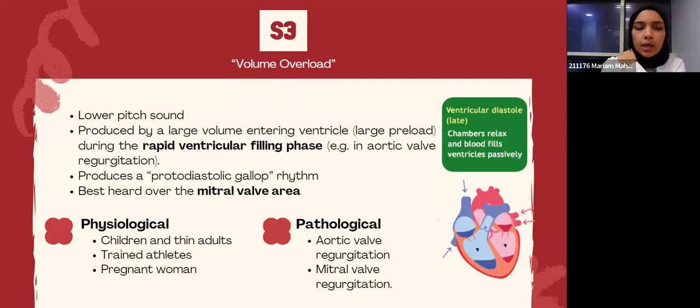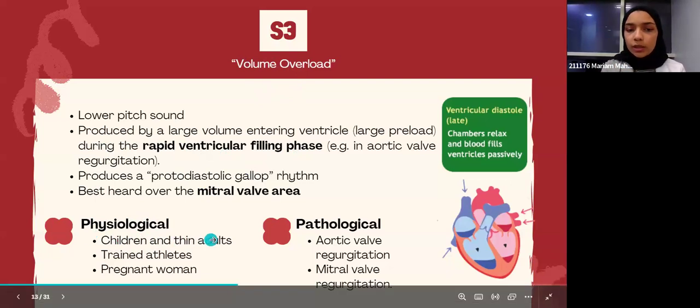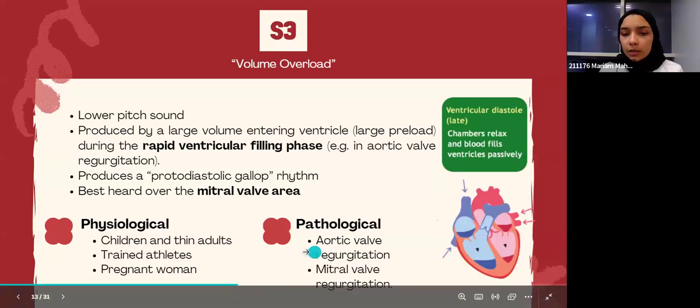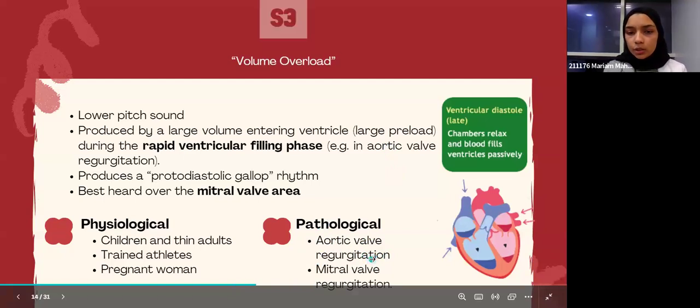Physiological is if they are a child or thin adults, trained athletes, or pregnant women. Okay, and pathological is if there is aortic valve regurgitation or mitral valve regurgitation.